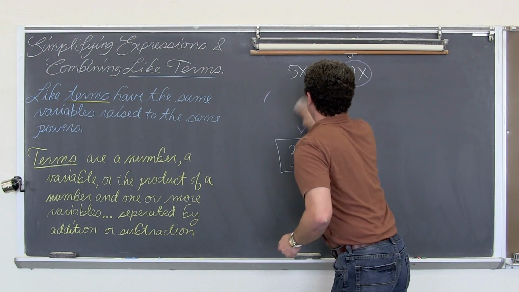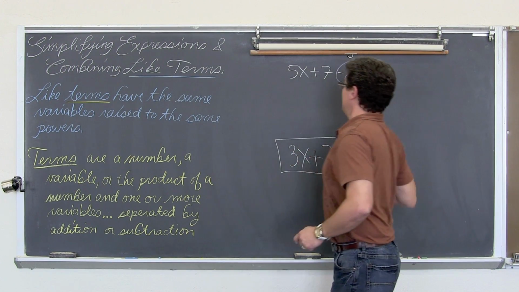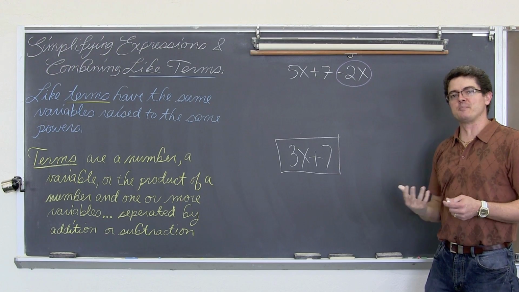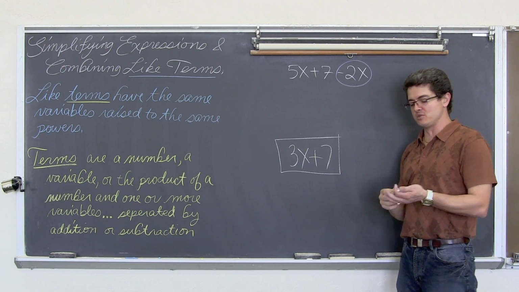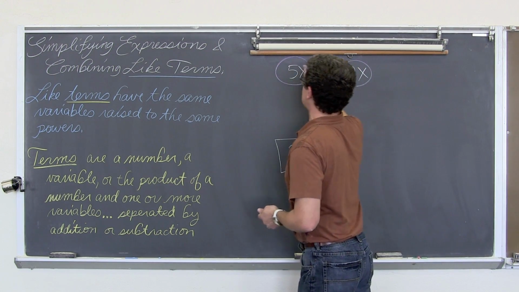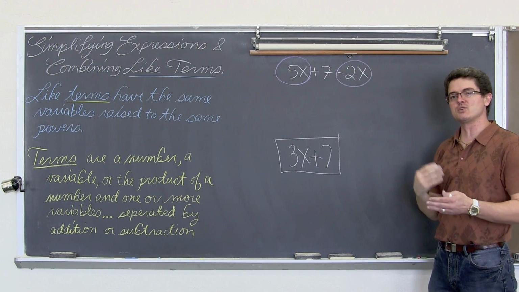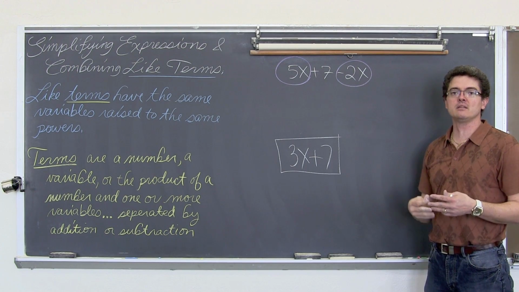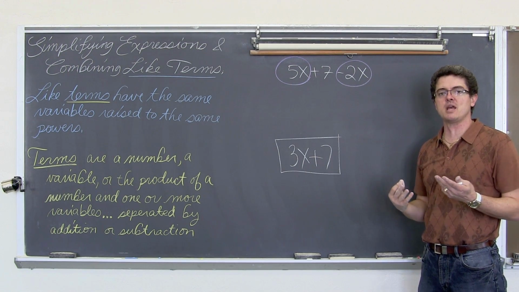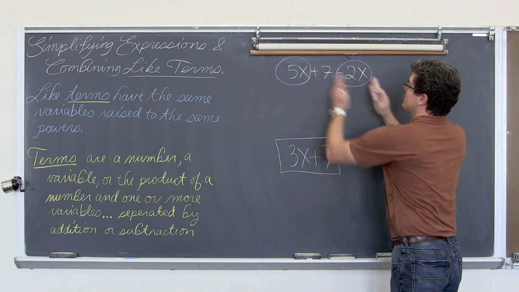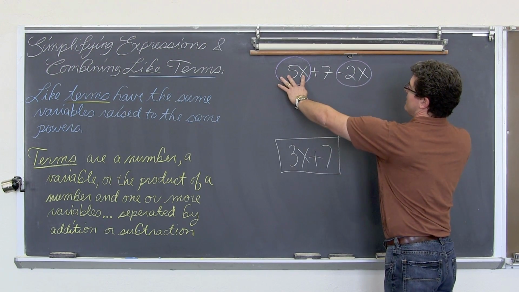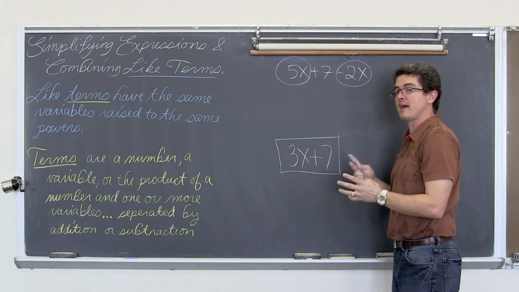What I would normally show in class after the first couple of days of combining like terms and getting students used to it, normally I'll leave the expression in its original form, and I'll just circle or box in, or use some kind of random shape to just show the connection, show the like terms. This is 5x and negative 2x, these like terms.